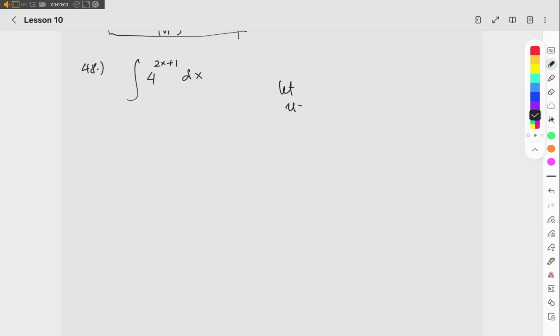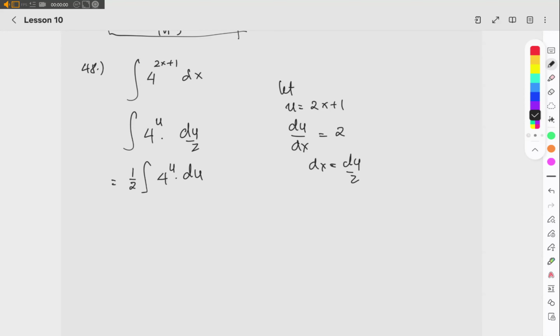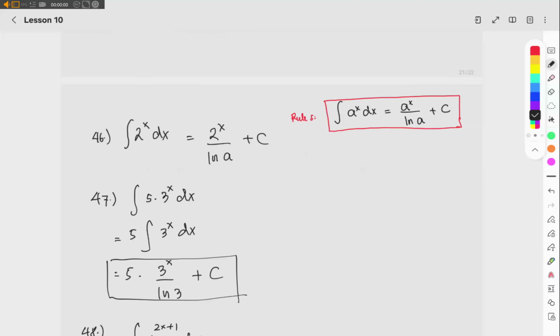So let u be equal to 2x plus 1. What is du over dx? Just 2. So dx is simply du over 2. So you replace 4 to the u times dx, which is simply du over 2. So you take out 1 over 2, integral of 4 to the u du, right? Now you just apply rule number 5.